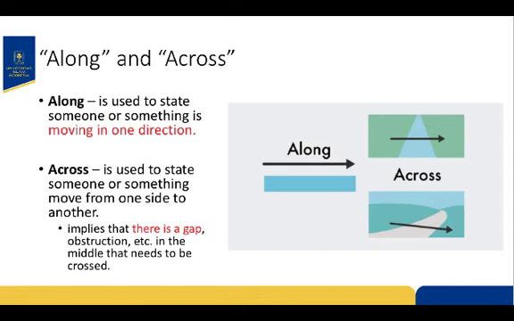Meanwhile, across is used to state someone or something moves from one side to another side. For across, it may imply that there is a gap or obstruction in the middle that needs to be crossed.